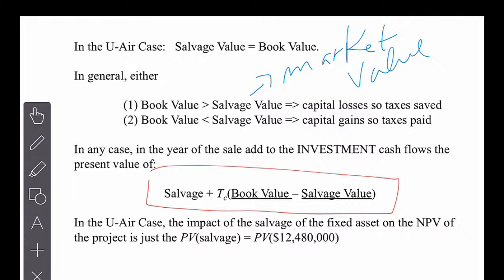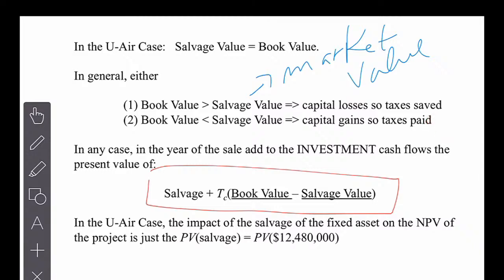So from the perspective of the IRS, that's a loss for taxes. That's a capital loss, and that's something you can claim on your taxes. You can claim a loss, just like you claim expenses. If, however, the book value is less than the salvage value, you have to pay capital gains taxes at the rate of capital gains tax.